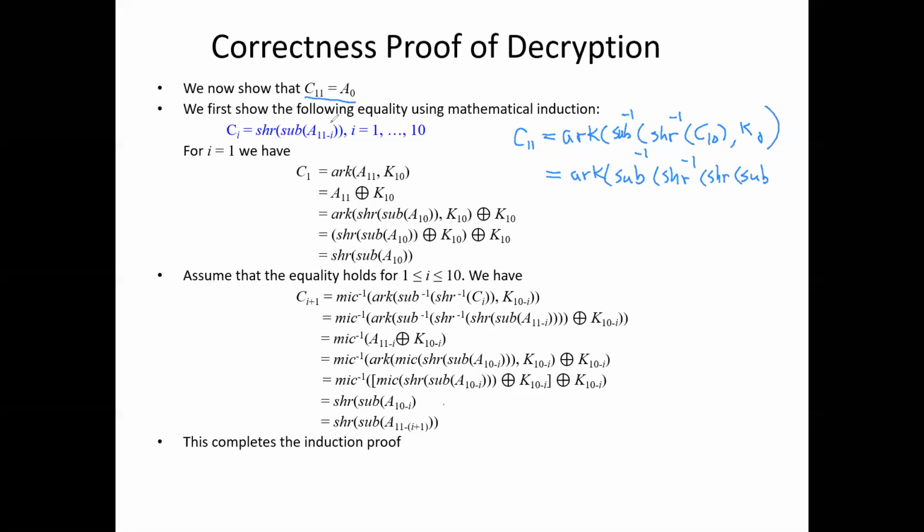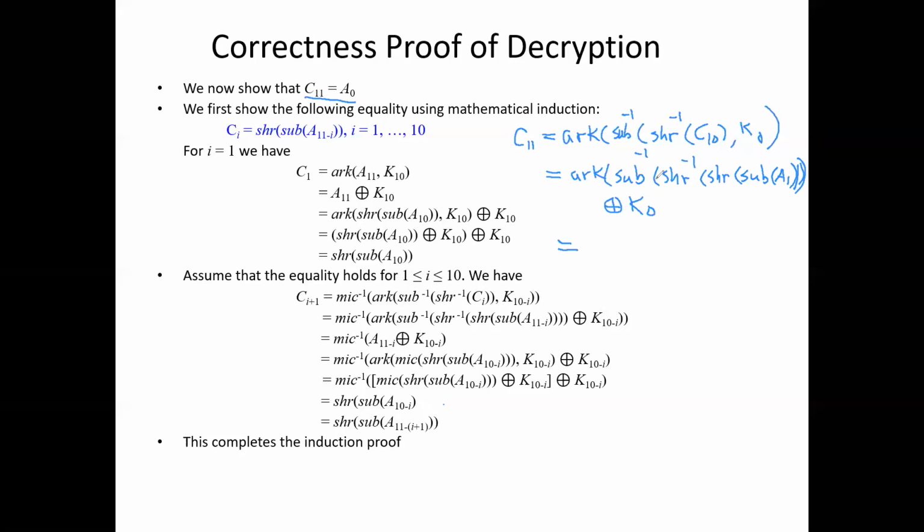Okay, so then that's A1. So let me put it here, A1. And then we close this parentheses, we got 3 more. And then add round keys. So that's equal to this.